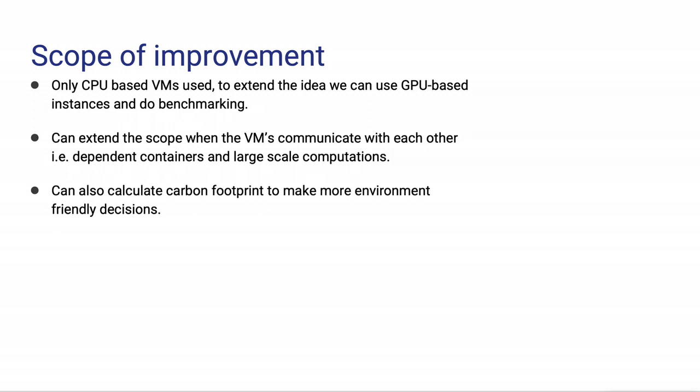It can also extend the scope to when the VMs communicate with each other, that is, when we have multiple containers interacting with each other, and how bandwidth and latency factor in to the speed of the application.